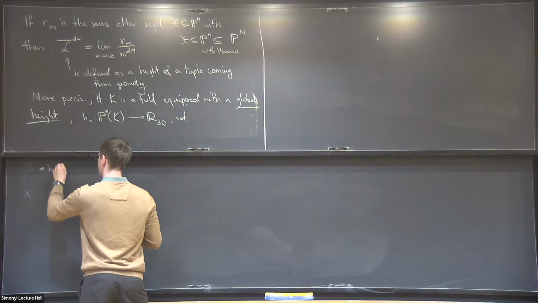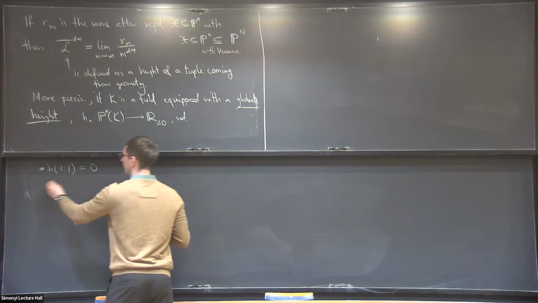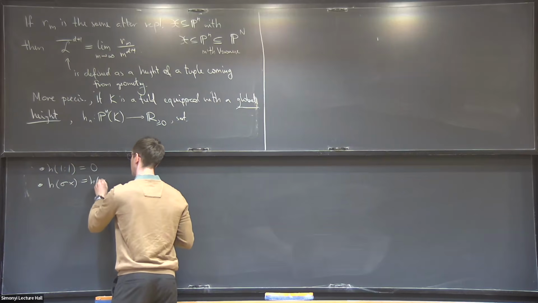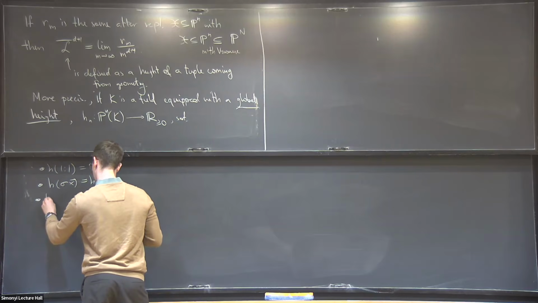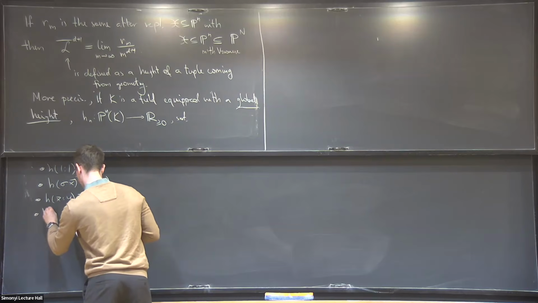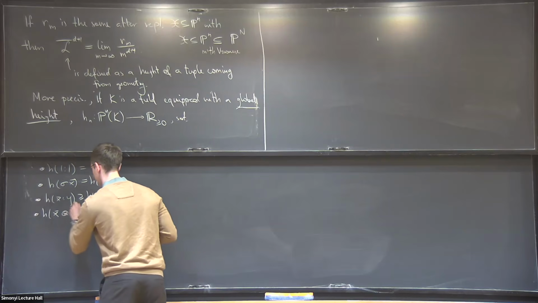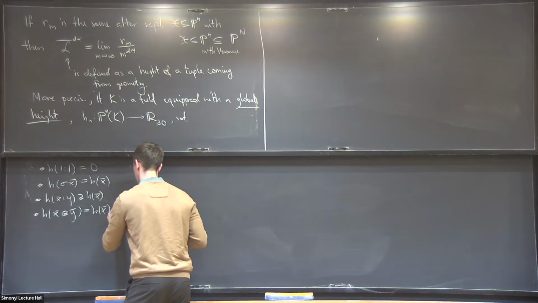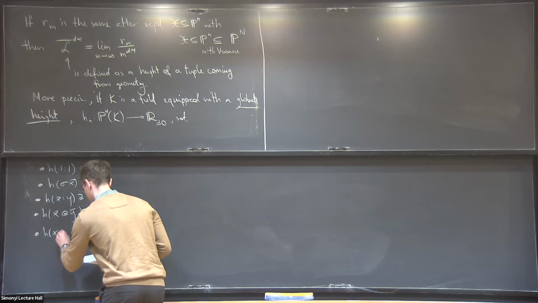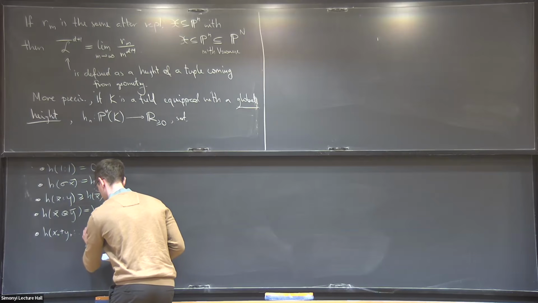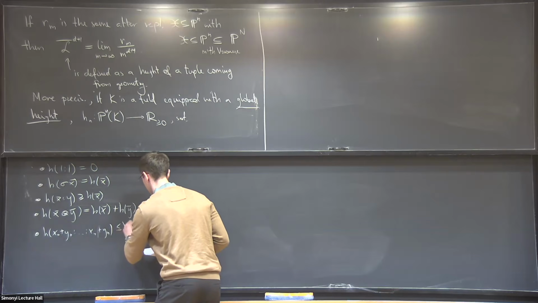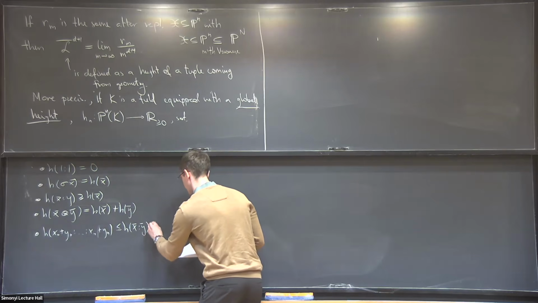Let me quickly write them, and here I don't write which n I take. Height of 1 is 0. Height is permutation invariant. Height of longer tuples increases. Height of Segre product is additive, even of different lengths. And the triangle inequality: the height of the sum of two vectors, say one of the entries here is not 0, can be bounded by the height of the concatenation of those plus the height of 2, 1.